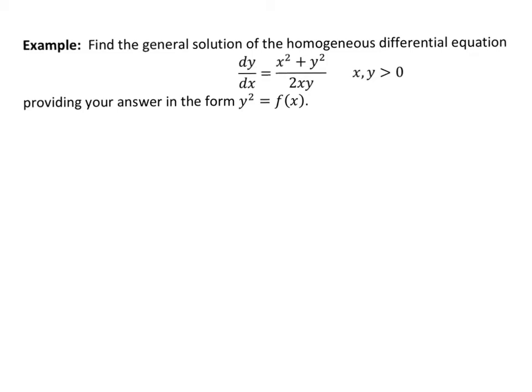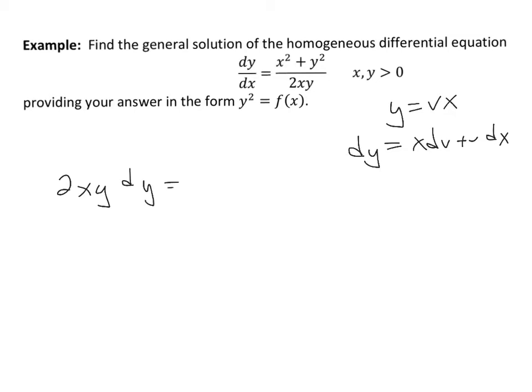We mentioned that we were going to use the substitution y equals vx, and similarly dy equals x dv plus v dx. Okay, so the first thing I want to do here is multiply this thing out. We cross multiply: 2xy dy equals x squared plus y squared dx.